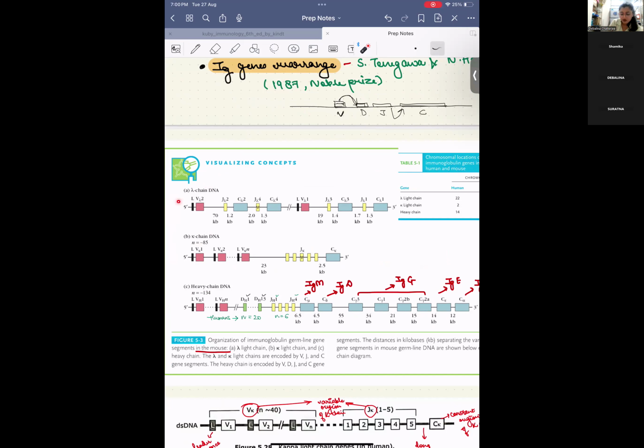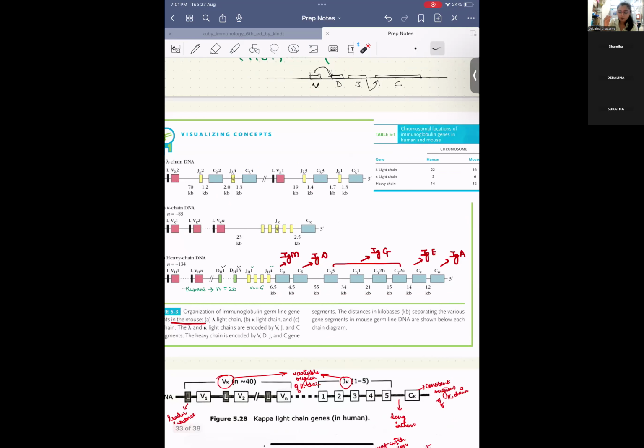Second, for both light chains we have V, J, and C regions, but for the heavy chain, in addition to V, J, and C regions, we also have a D region between V and J. Third thing is that all the different isotypes determined by the constant region of your heavy chain, all such constant regions are arranged on the same chromosome. And it is by recombination bringing together a particular constant region that it is determined which antibody is being produced by the cell.